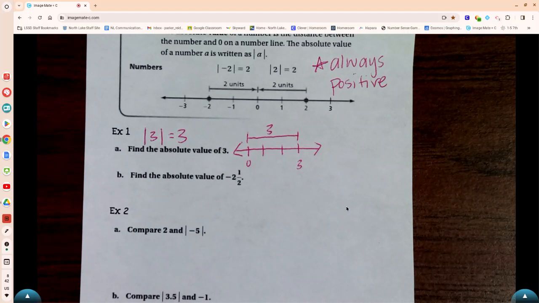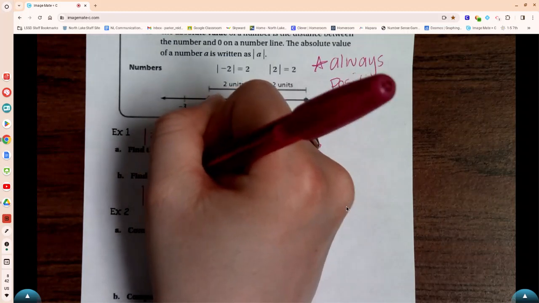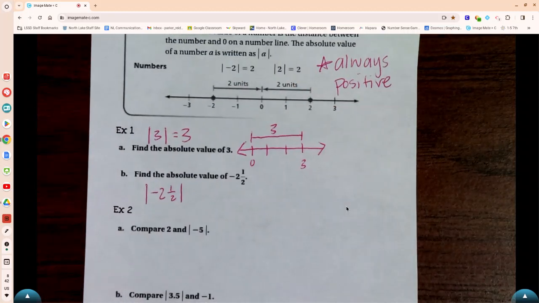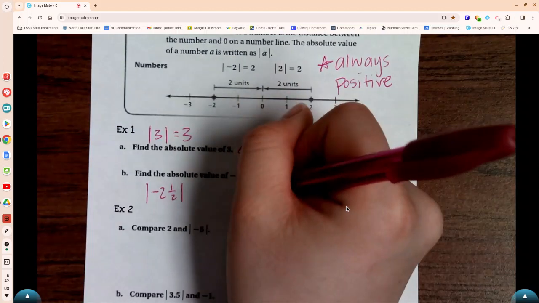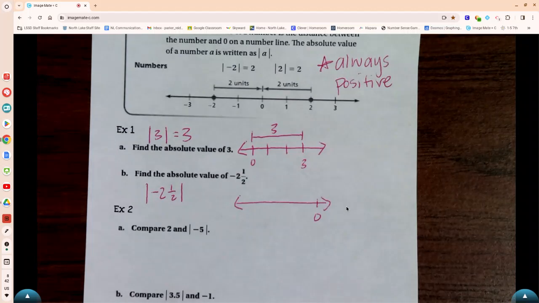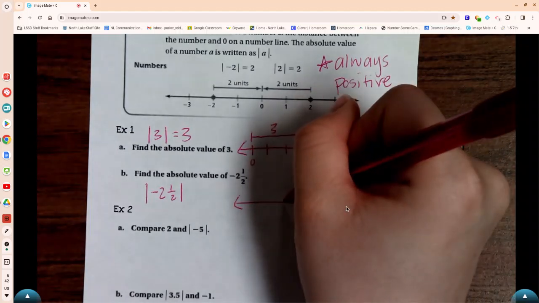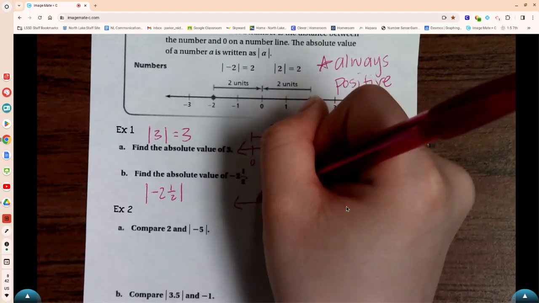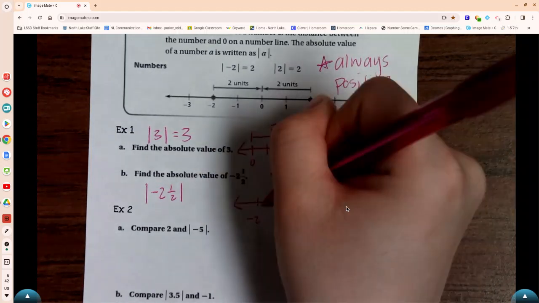Okay, the next one says find the absolute value of negative 2.5. Again, the way we show that mathematically looks like this. We put the number inside those 2 vertical lines just like that. And if we draw a picture to show what's going on, this time 0's over on the right-hand side. This is negative 1. This is negative 2, and then I'll do the halfway marks in between.